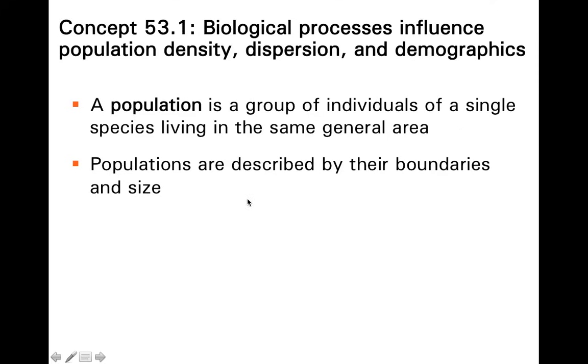And what defines the boundaries of a population in an evolutionary context usually is how much gene flow is occurring within a population. But at the ecological level, we're concerned about other factors that might limit a population's size.